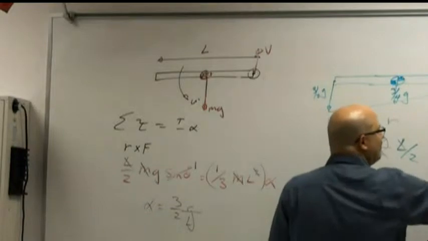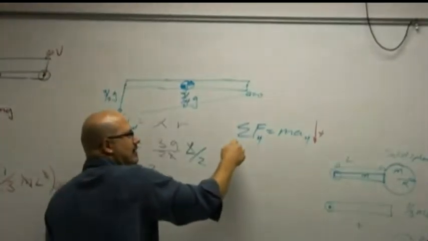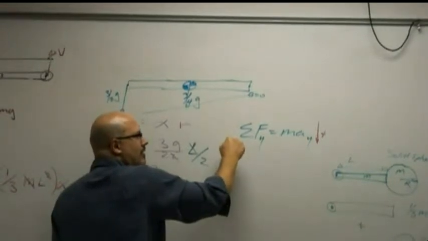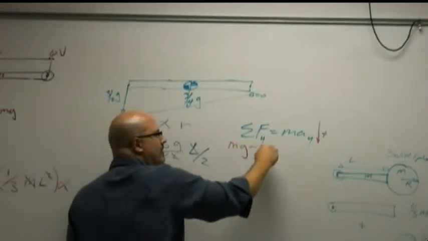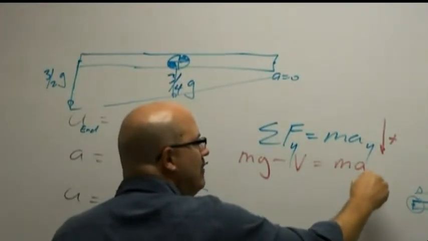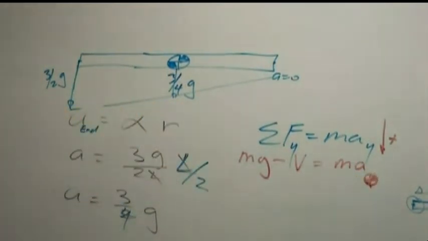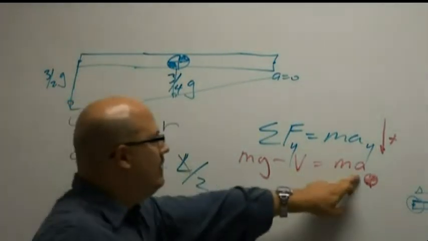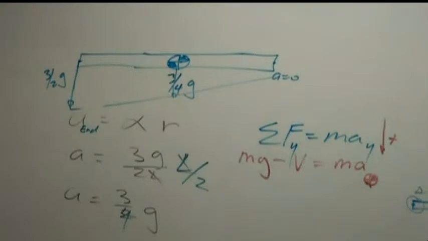So if I call down positive, I get mg down minus the vertical force equals ma. And remember, I'm interested in the center of mass only. Do I know what the acceleration of the center of mass is? Yes.